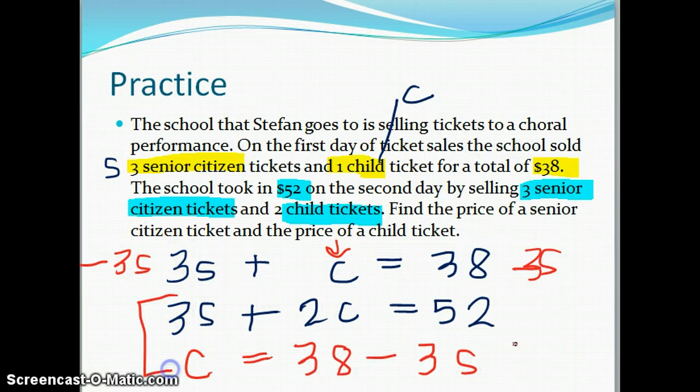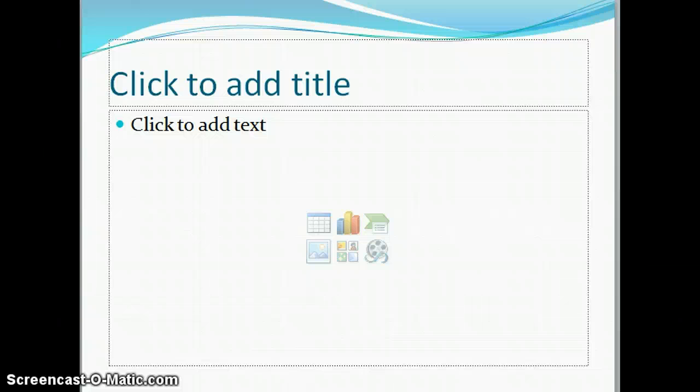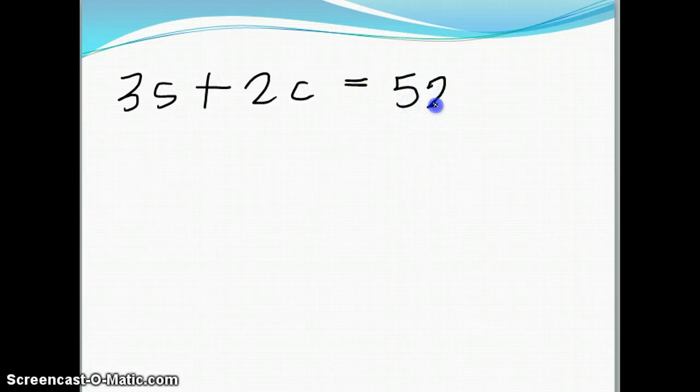So now I'm going to use these 2 equations, and I'm going to substitute it in just like we did with the last equation. So I have 3 senior citizen tickets plus 2 children's tickets, and that cost us $52.